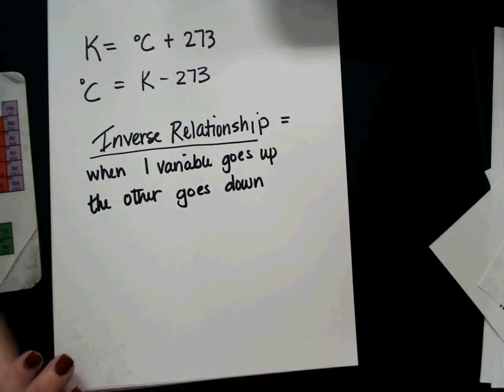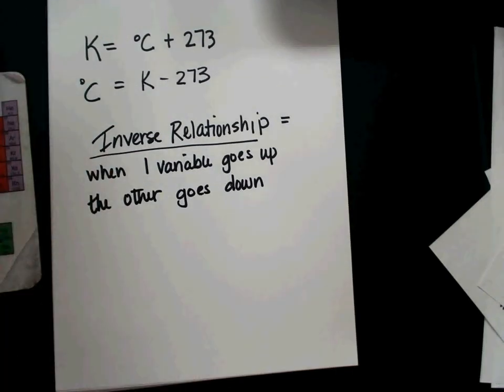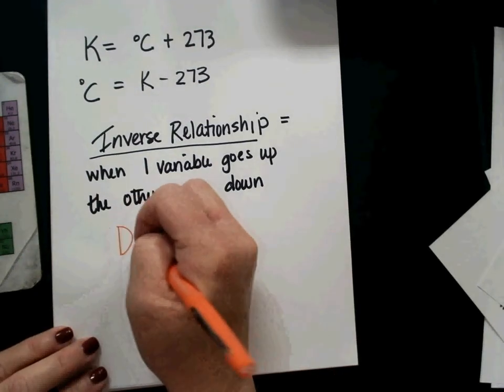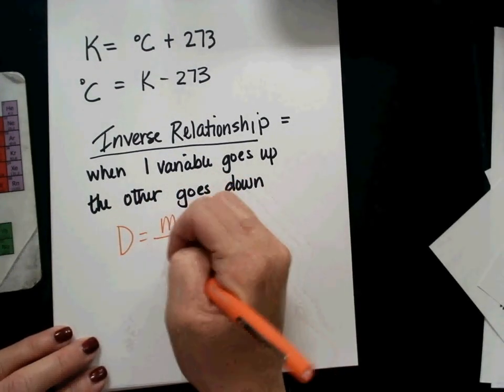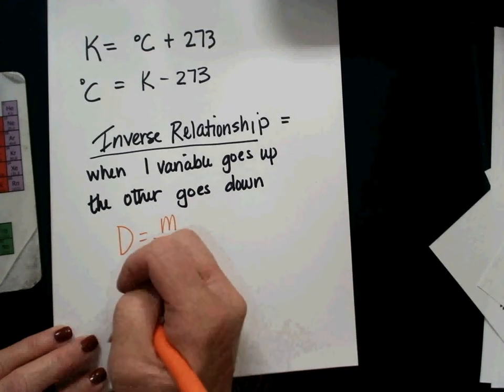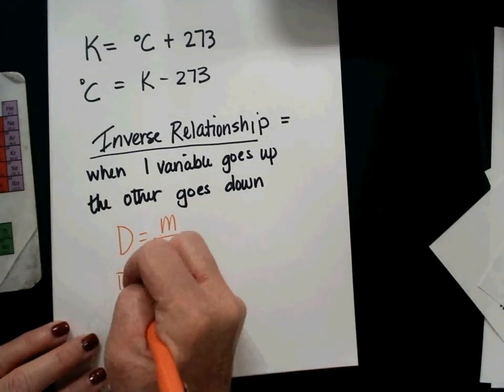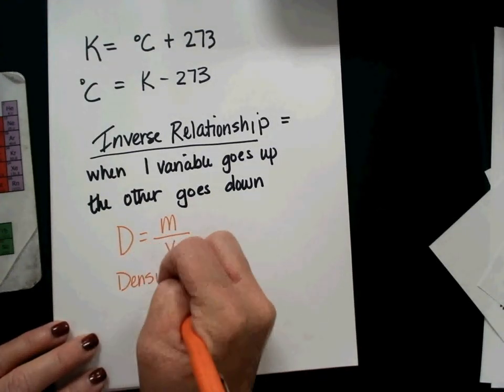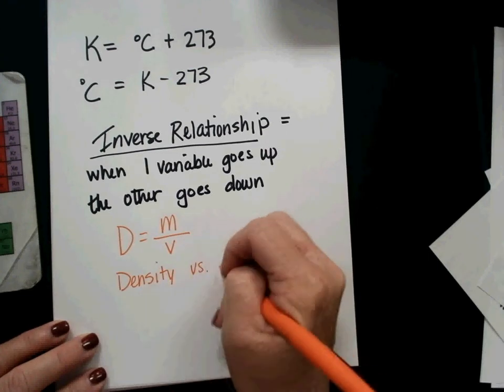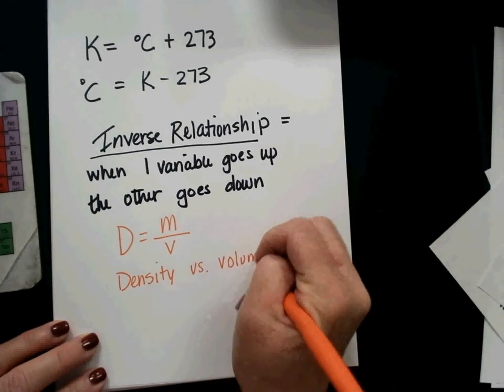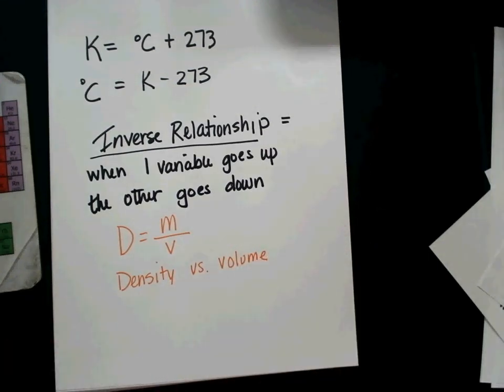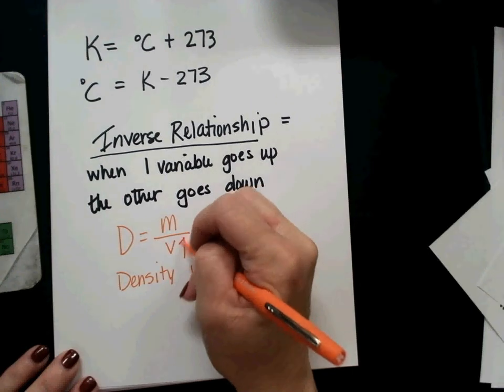When one variable goes up, the other one goes down. So let's use this density thing again to talk about that. Let's compare density versus volume. You really have to think about it.